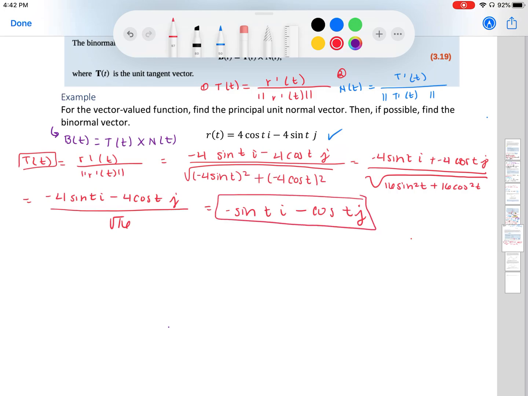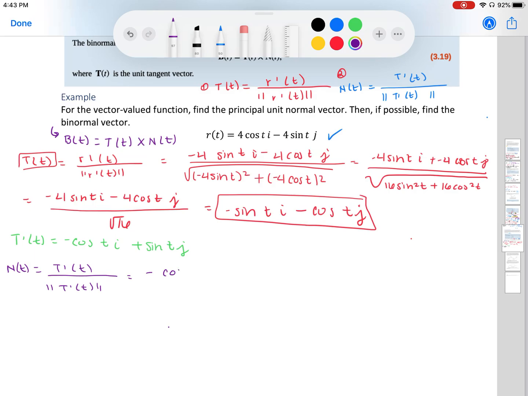Cool. Let's take the derivative. T prime of t is equal to negative cosine of t i plus sine of t j. Okay, let's find N(t). N(t) is defined as T prime of t over the magnitude of T prime of t.